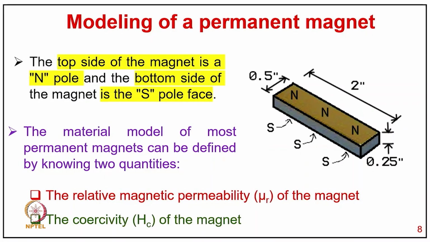The top side of the magnet is the N pole and the bottom side is the S pole. The magnet material model of most power magnets can be defined by knowing two quantities: the relative magnetic permeability of the magnet and the coercivity of the magnet.